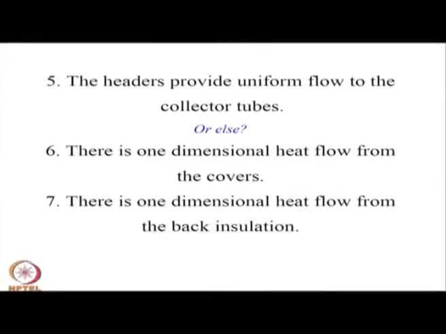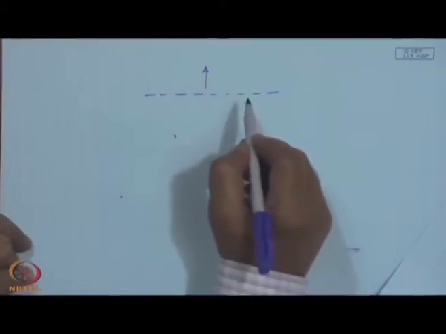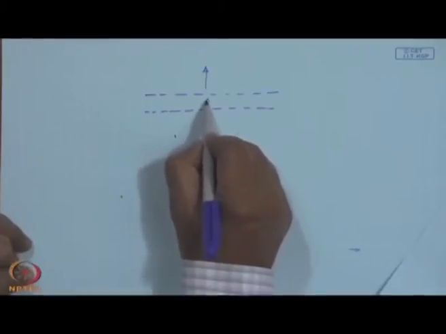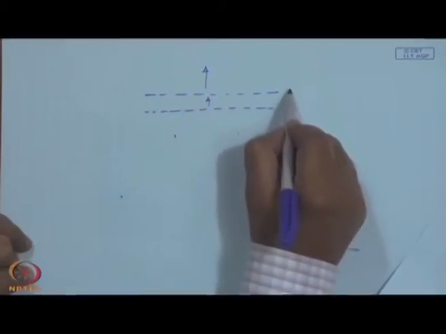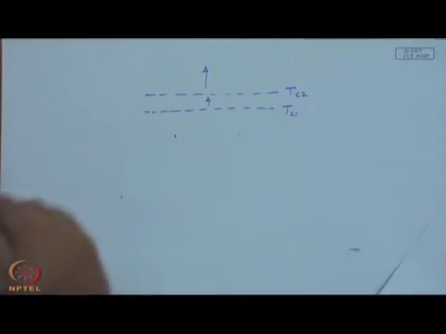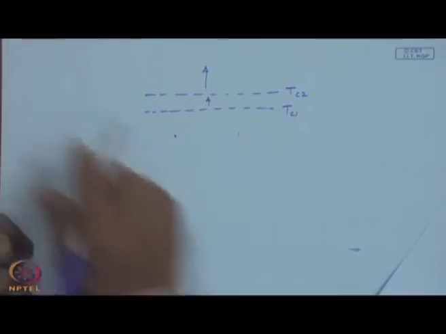There is one-dimensional heat flow from covers. What essentially it means is that if this is a cover, this is from cover 1 to cover 2, and I can consider it to be at a single temperature, T_c2 and T_c1.